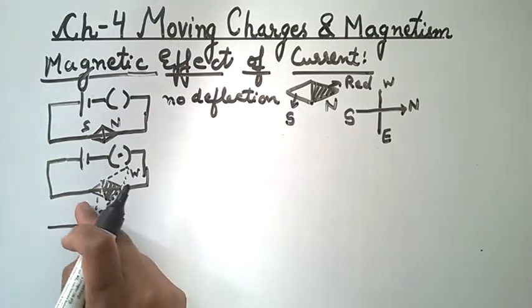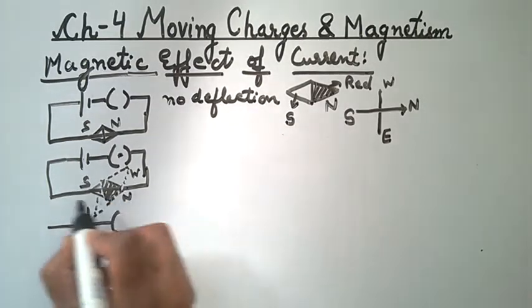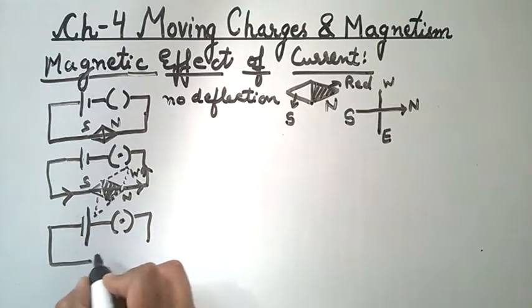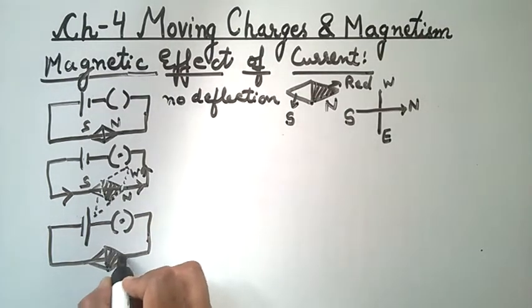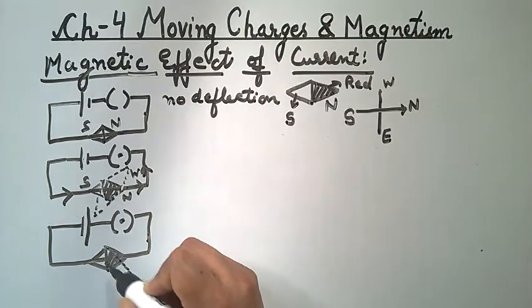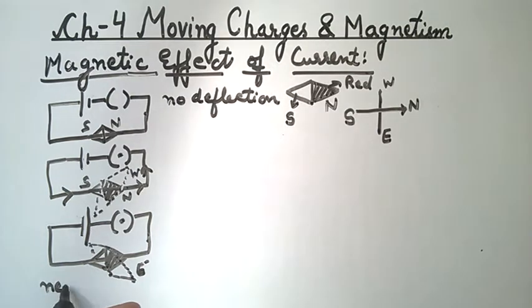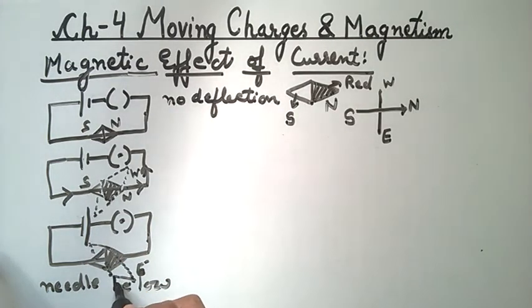And if polarity is changed, then the deflection will be towards east. Needle placed below the wire.